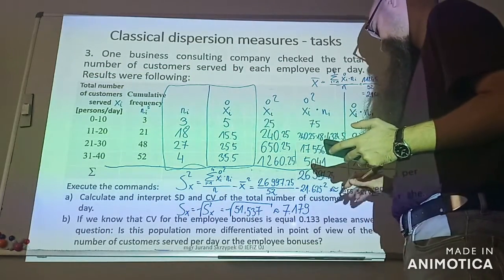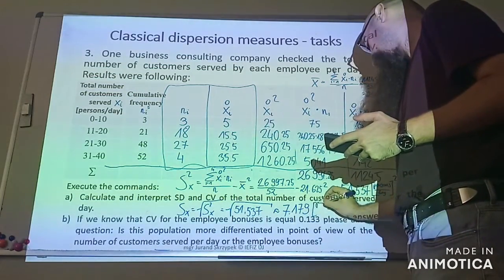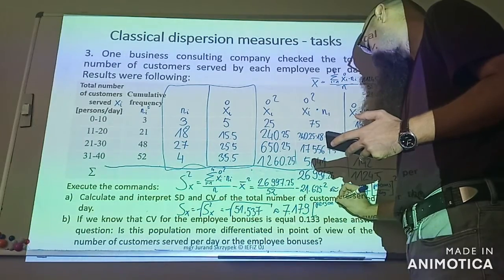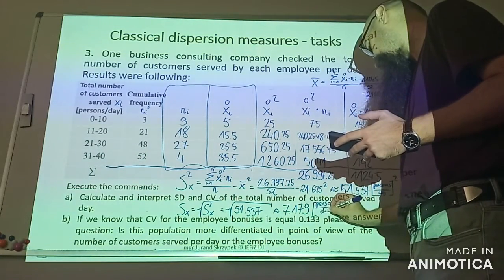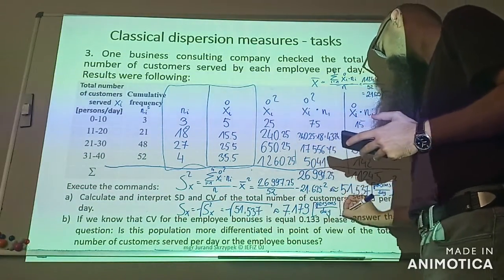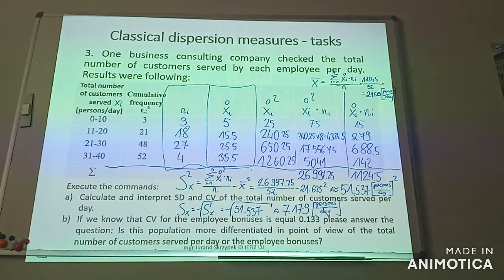Approximation, 3 places after a dot. Persons per day. This is our standard deviation.